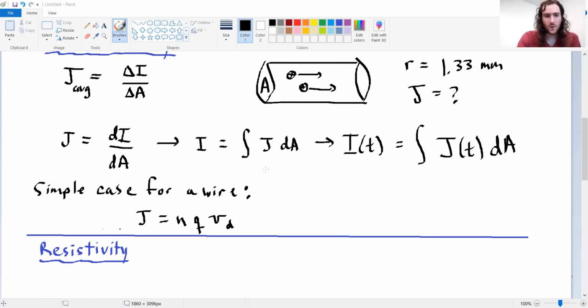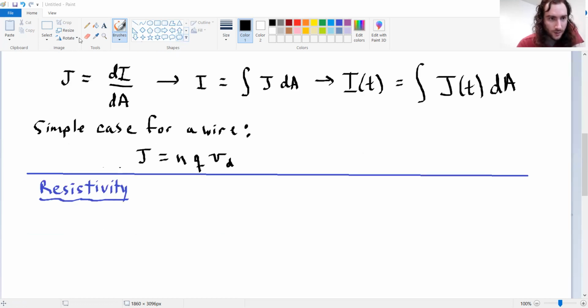All right, let's take a look at what happens in a simple case for the current density in a wire. We can look at it as a nice expression. I'll create a little more room here.